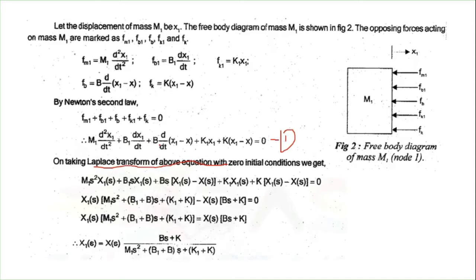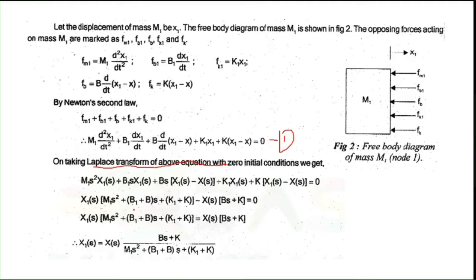This is b into s into x1 of s minus x of s. This is k1 into x1, that is k1 into x1 of s. This is k into x1 minus x, that is k into x1 of s minus x of s. On the right hand side it is 0, so the Laplace transform is also 0.